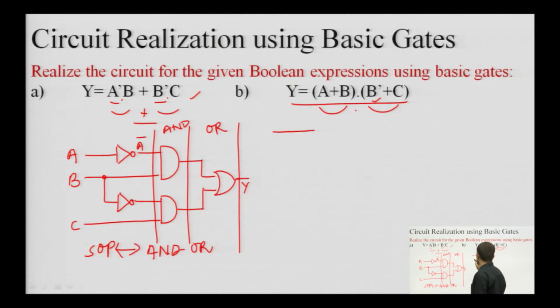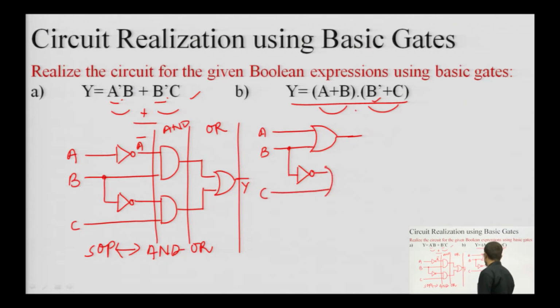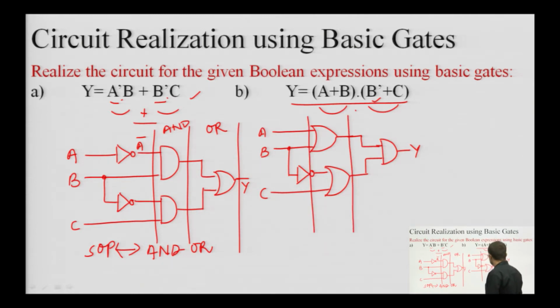This is A and B, both are to be summed using an OR gate. This is A, this is B. So, this generates the first sum, and similarly this is B, we have to prepare B bar, and then there is a C, again both are to be summed and both the sums are to be multiplied together to generate the final output Y. So, from this structure we can see that there are OR gates in the initial stage and an AND gate in the final stage.